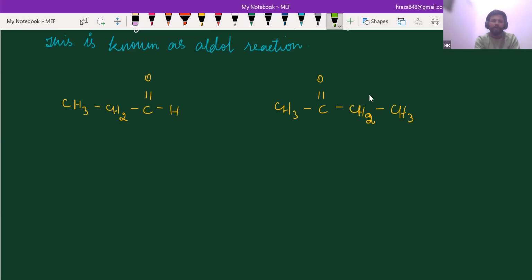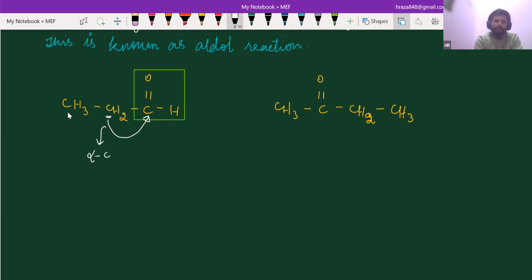Now see what happens. This is your main functional group, right? This is basically your aldehyde, which is the main functional group. Now see, the carbon which is connected directly to the main functional group is known as alpha carbon.